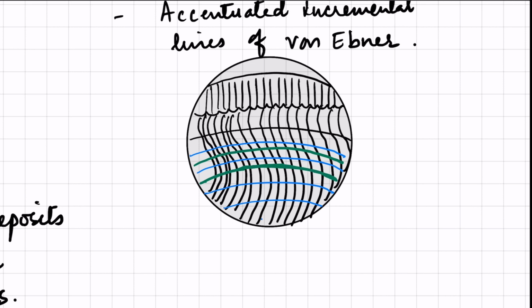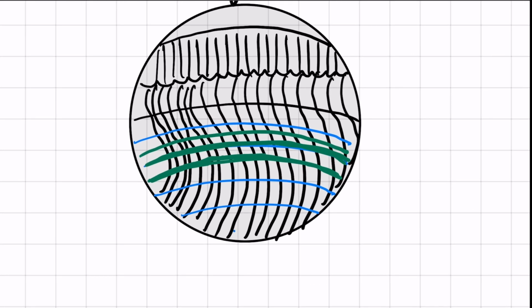In between the blue lines of incremental lines, you can see the green lines. Okay, so these green lines I am drawing darker, which are showing nothing but the accentuated, means dark, incremental lines of von Ebner, which are called as the contour lines of Owen.